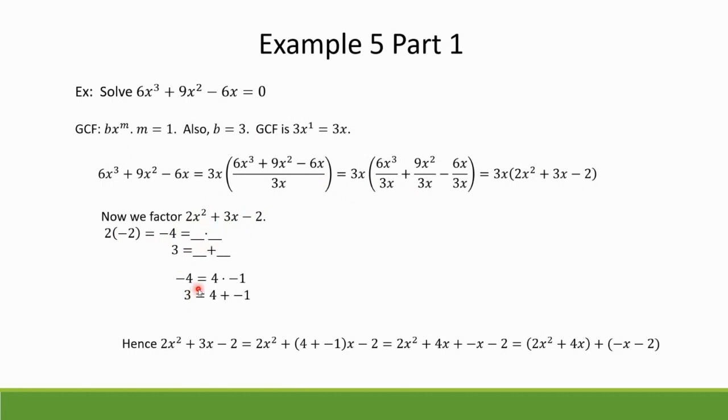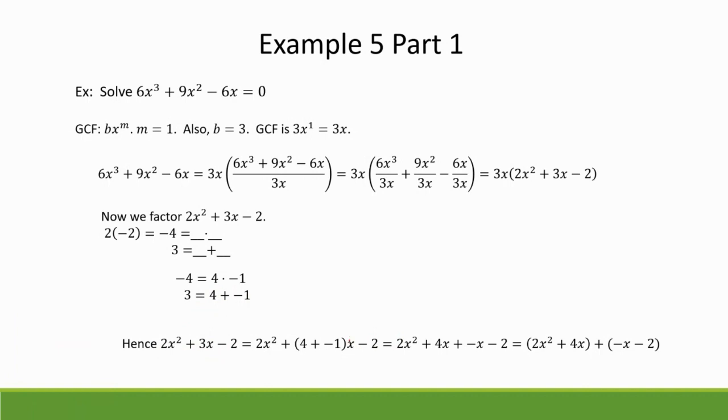Well, hopefully it's not hard to see that 4 and negative 1 are going to pull that off. I know it's on the slide, but you should be able to get that anyway. So in particular, 3 is 4 plus negative 1. Remember, what you do next is you replace 3 in 3x, the middle term, with 4 plus negative 1 times x, like so.